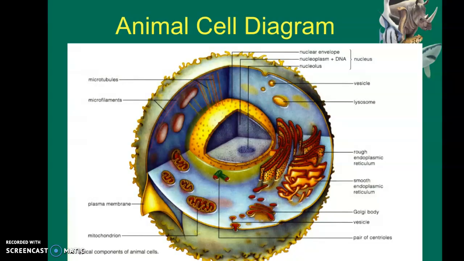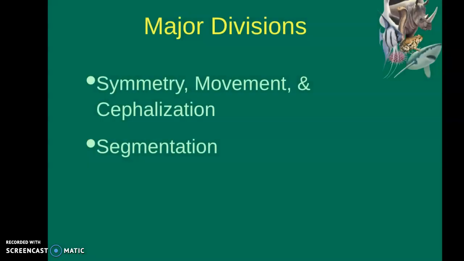Here's a familiar diagram of the parts of the cell. You do not need those for this unit. We are going to start talking about symmetry. So symmetry, movement, encephalization, and segmentation. Symmetry is basically how you divide an organism and whether or not you can divide it into equal parts. We're going to look at the different types of symmetry.